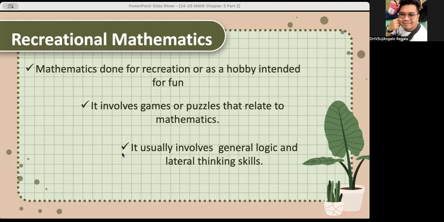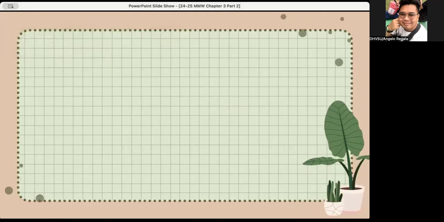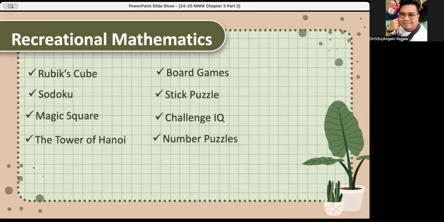There are some examples here of recreational math that I know you are familiar with. We have Rubik's cubes. We also have Sudoku, Magic Square, Tower of Hanoi, board games, stick puzzles, number puzzles.